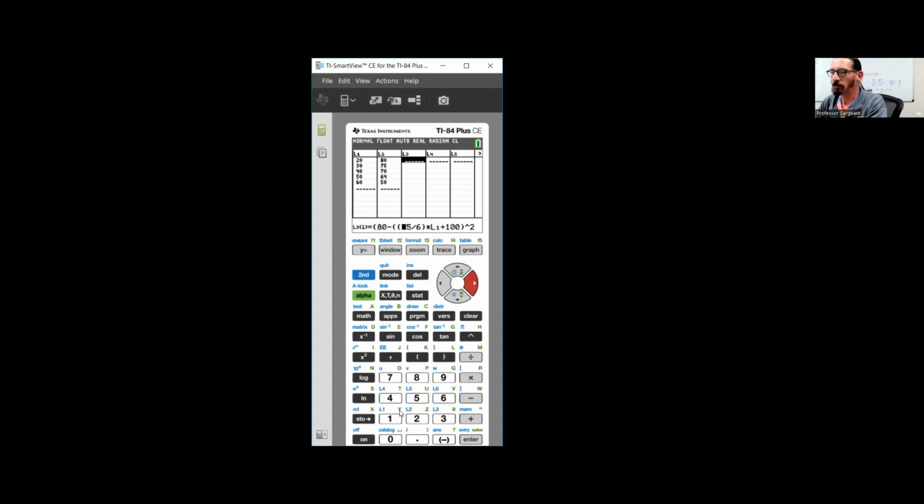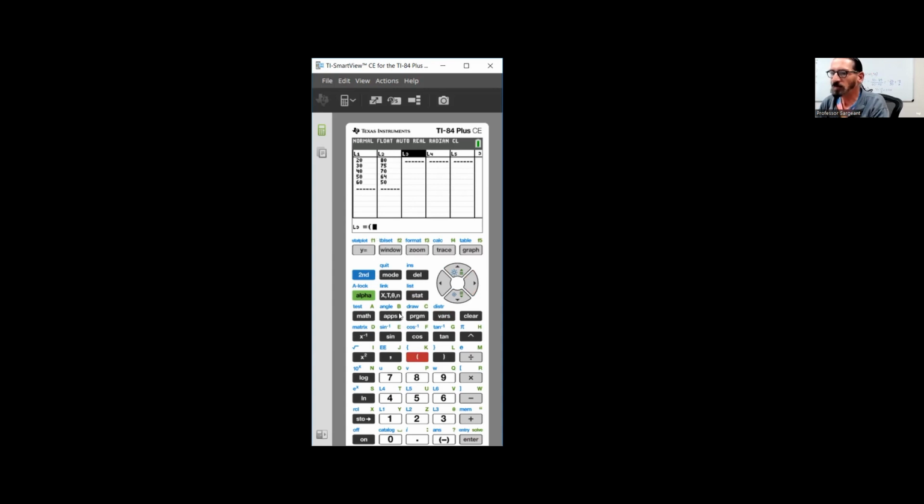Okay. So I wanted to do that not just there, but for the entire table. Let's see here. Stat and edit. Okay, so I'm going to go to the top of L3 and type out what I did before.